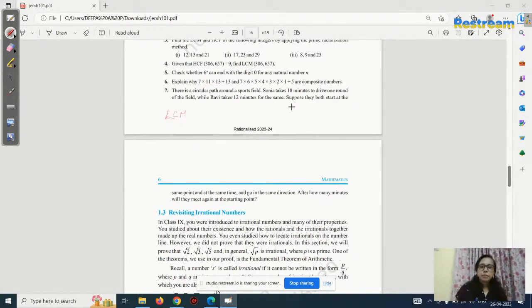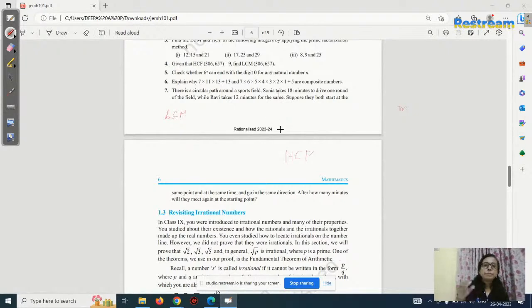And one more thing, children. If anywhere they are asking maximum, somewhere they are asking what is the maximum time taken, what is the maximum distance they traveled, something like that, you have to find out the HCF.